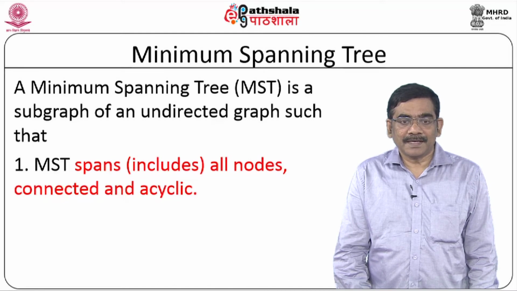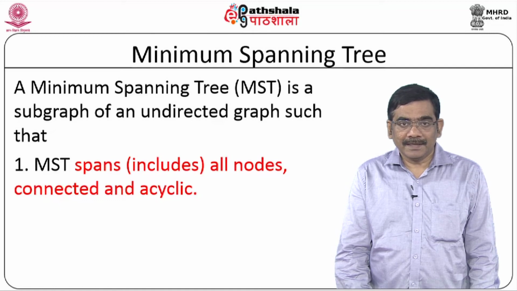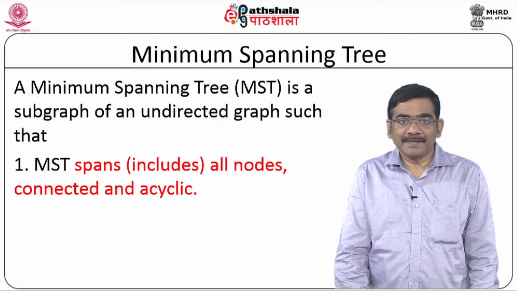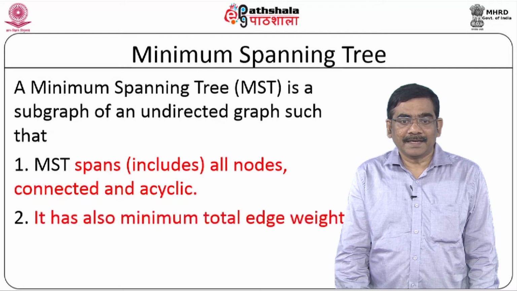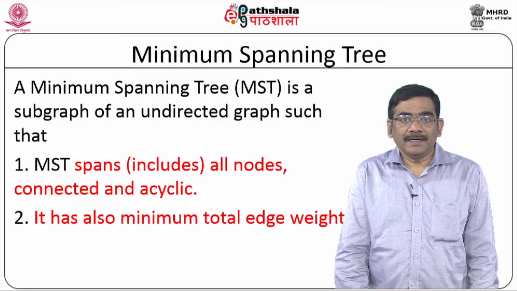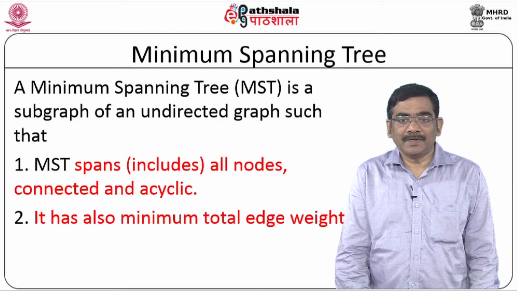People refer to this as spanning all the nodes, connected, acyclic. That means there should not be any cycles, and it should also have the minimal total edge weight. So, in other words, these are the pre-requirements for the minimum spanning tree.